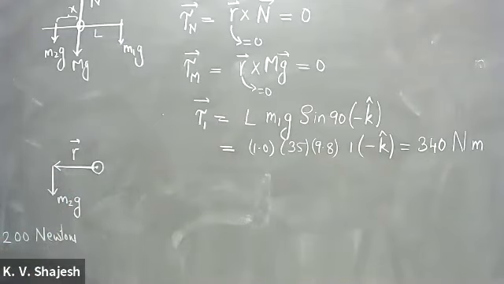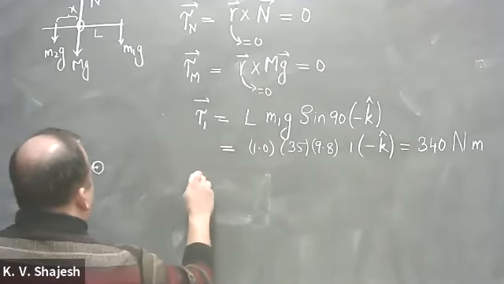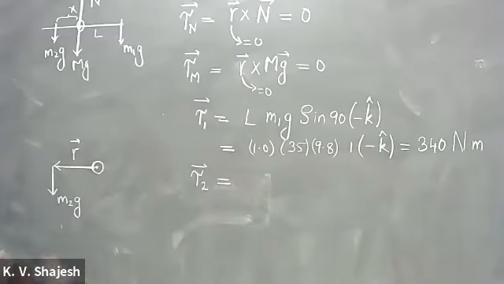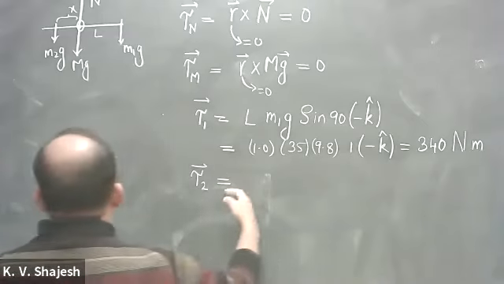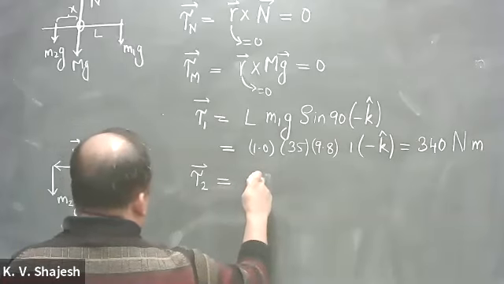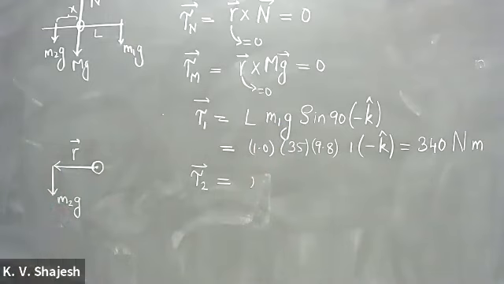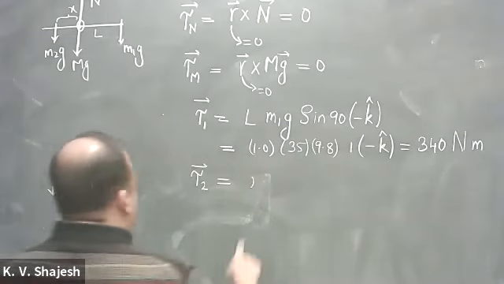So what's going to be different in this case? The torque due to the second mass: R this time is x, and let me get the directions using the right hand rule. It's only the magnitude that is changing.